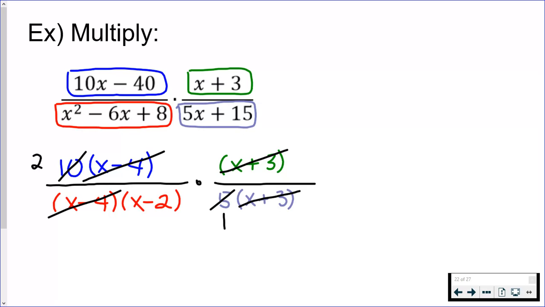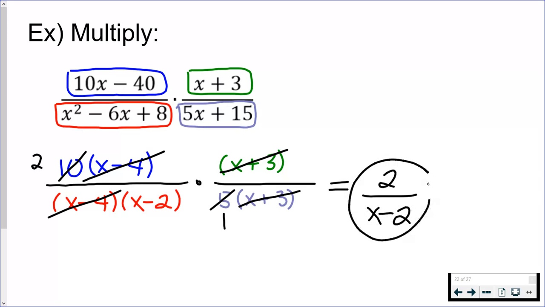So those will also simplify. This leaves me with nothing but 2 in the numerator. Everything else has been crossed out. And then in the denominator, I've got an x minus 2 and a 1 multiplied, so I'm just left with x minus 2. And that would be your final answer.